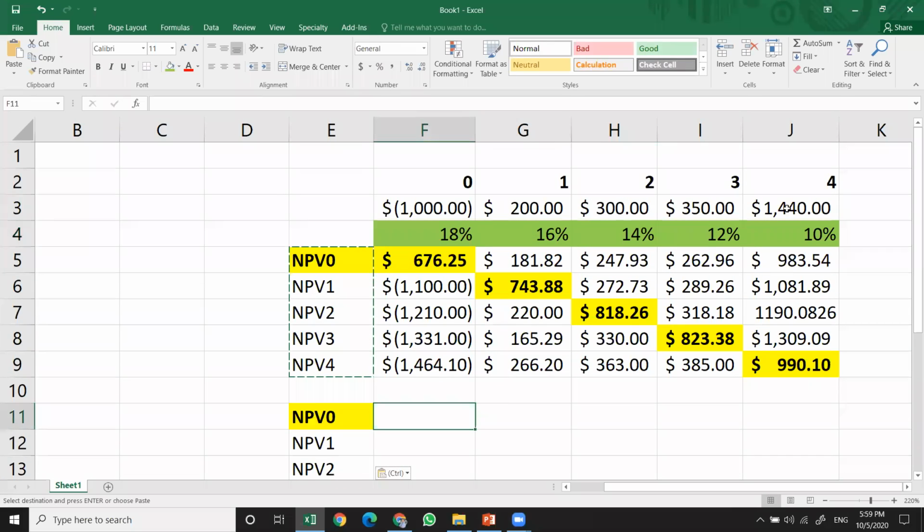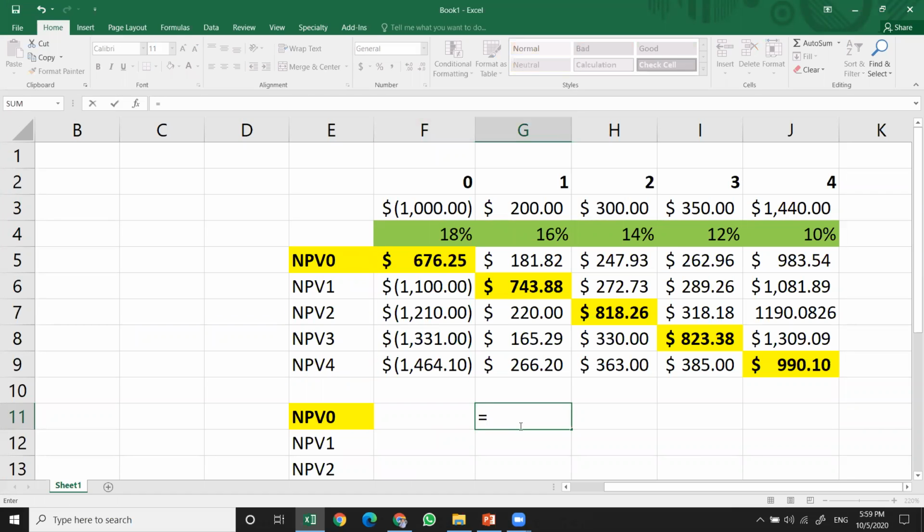Let's start with the 200. 1,000 is 1,000, nothing changes. But here, 200 uses just one discount rate, divided by 1 plus this.